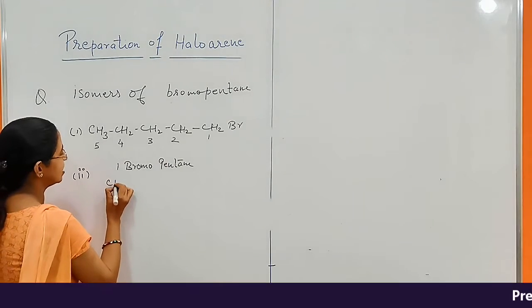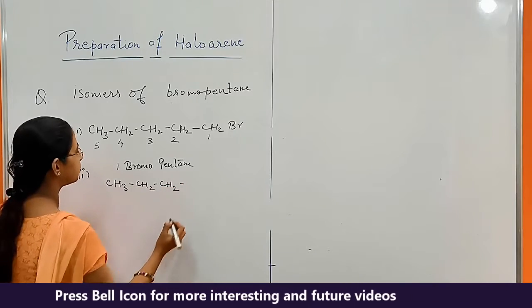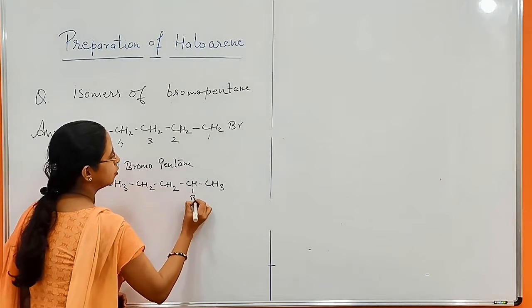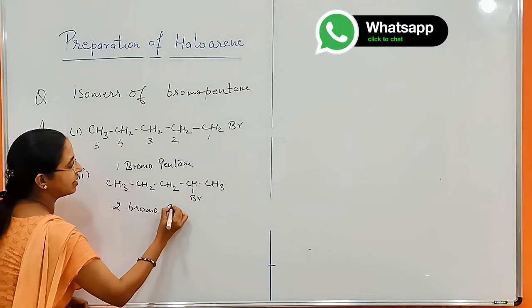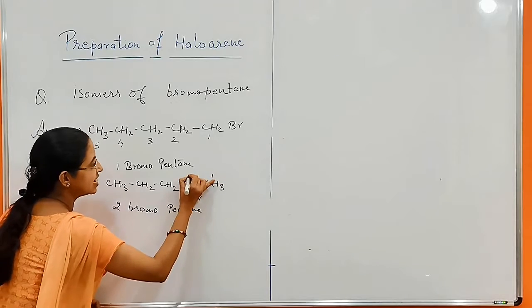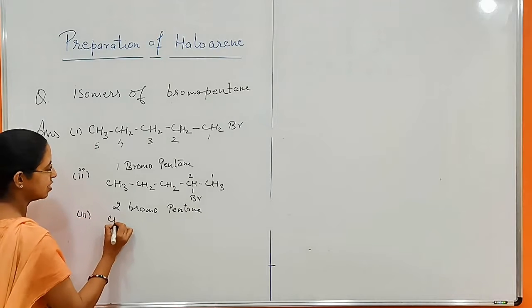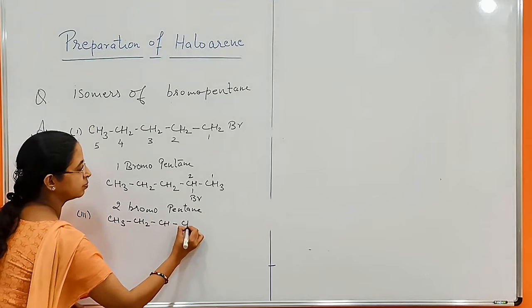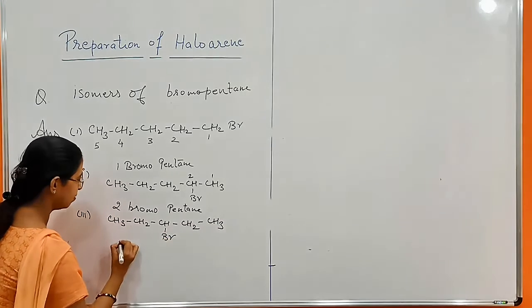The second one is 2-bromopentane. Because this bromine is at the second number carbon. Now third one is 3-bromopentane.